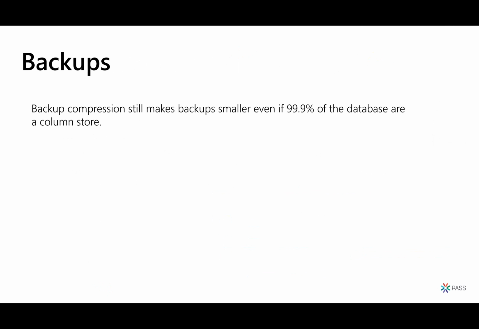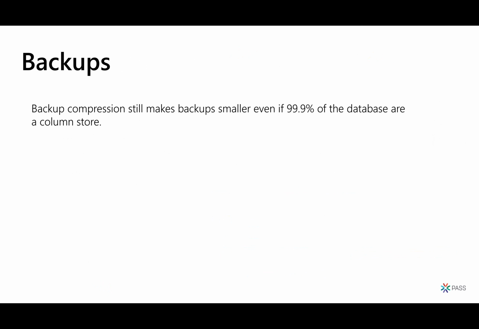Backups. So 99.9% of our database are right now column store. The rest, we have a couple of gigabytes of lookup data, but in a 15 terabyte column store, that is just a rounding error. Thing is, if we take a backup and we turn on compression, we tested this a lot because column store is already compressing like crazy.